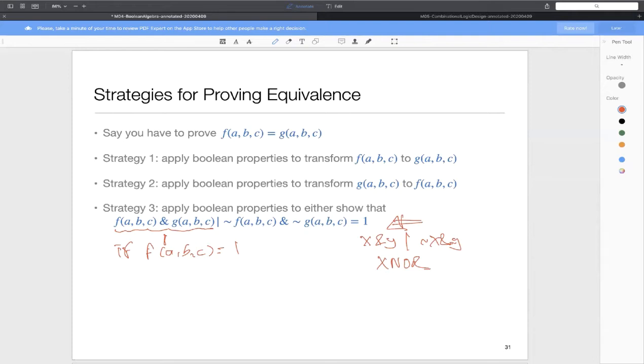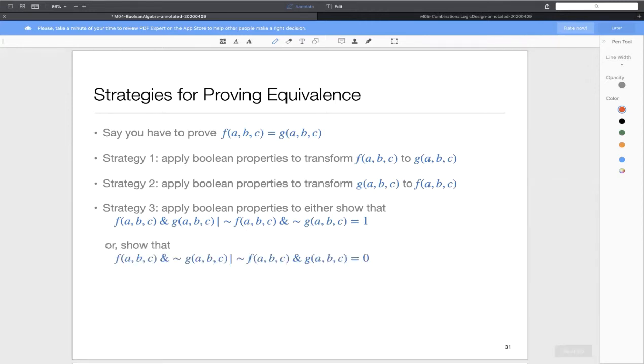I have to show that for all values of a, b, c, the left hand side of this equation always reduces to 1. That's usually a lot easier than going from a complex f and trying to achieve a complex g, or vice versa. Reducing a complicated thing to something simple like 1 tends to be easier. I could do it the other way also. I could say f and not g, or not f and g.